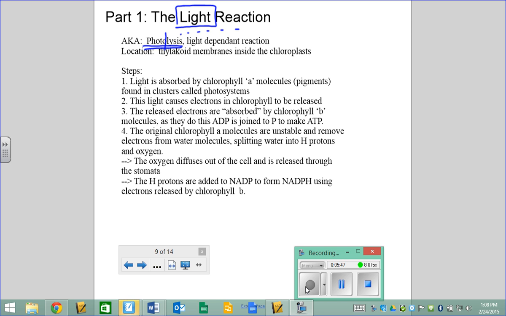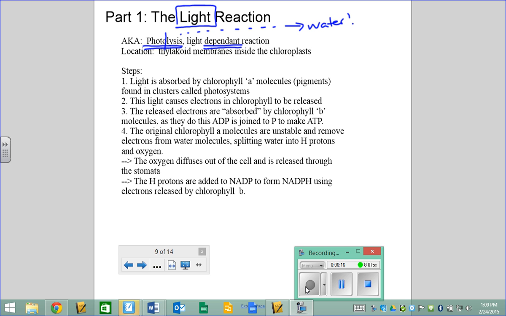In particular, I'm going to remind you that a molecule of water is getting broken apart. So photolysis is really specifically talking about this molecule of water that's being split. We can also call this the light-dependent reaction because it depends on light. This is the part that sunlight is required for.